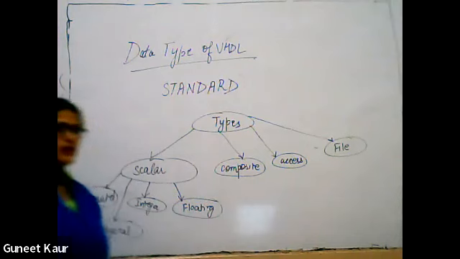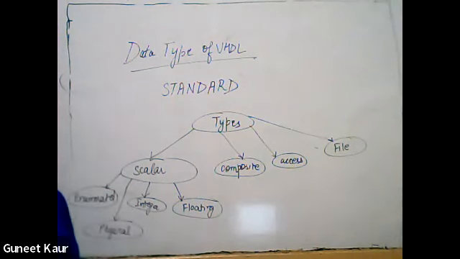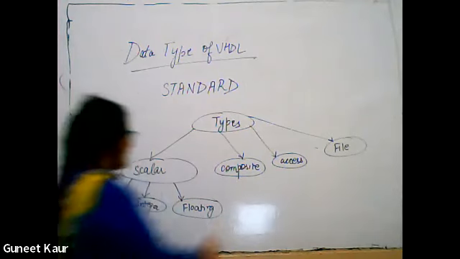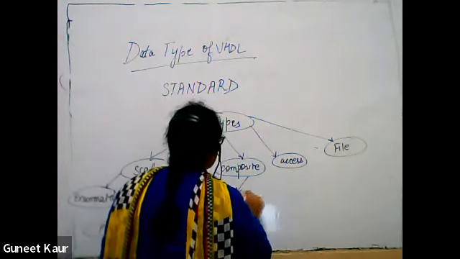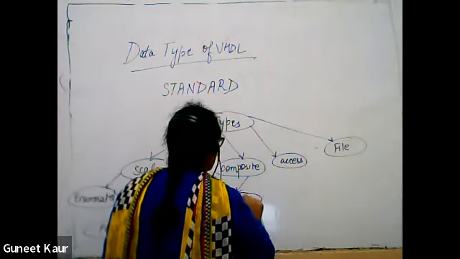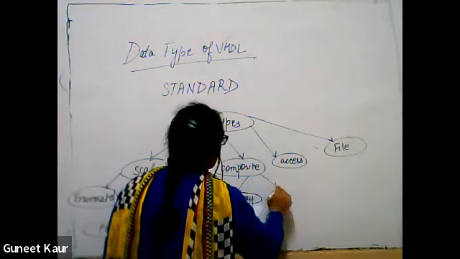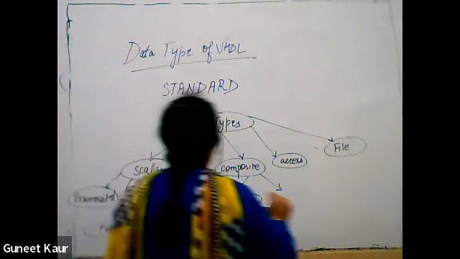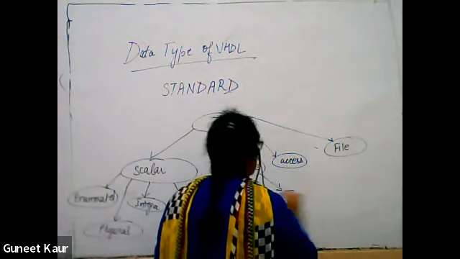Next, composite is also divided into 2 parts. First is array, second is record.